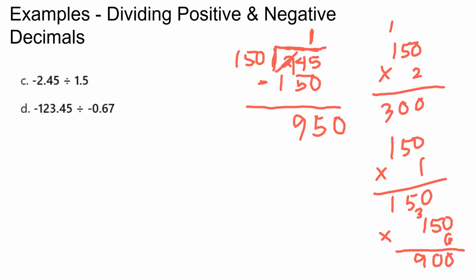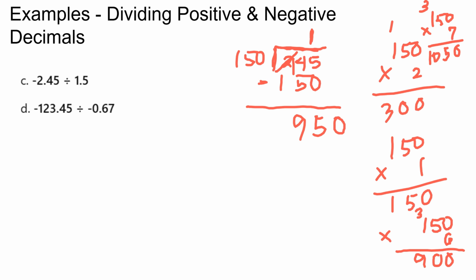Just to check, let's multiply 150 times 7. So that will be 0, then 35, 7 times 5, carry 3, 7 times 1 is 7, plus 3 is 10, so that will be 1050.